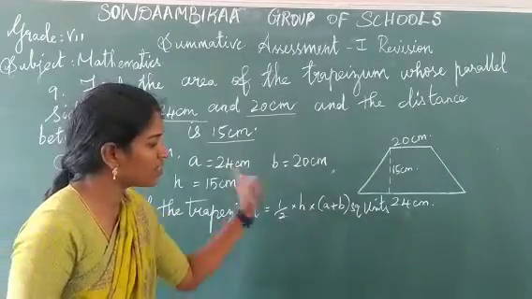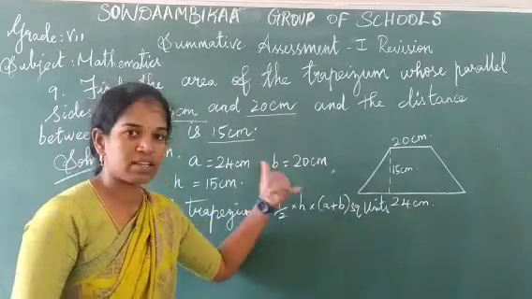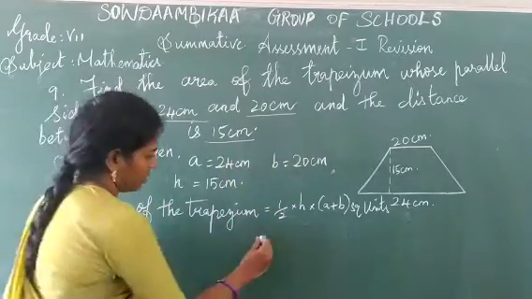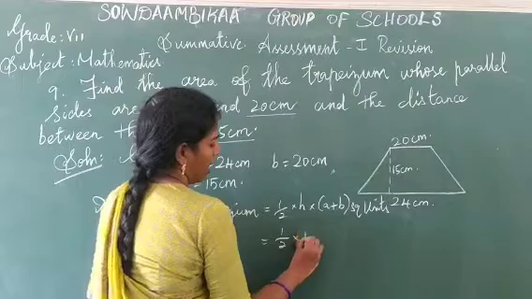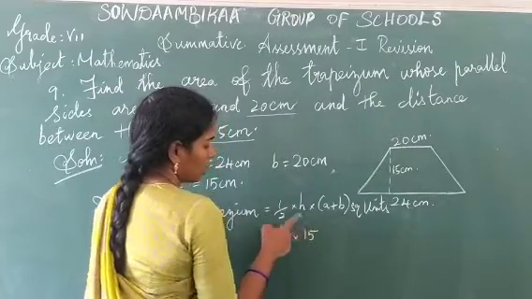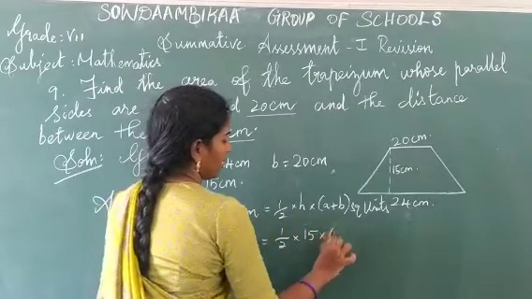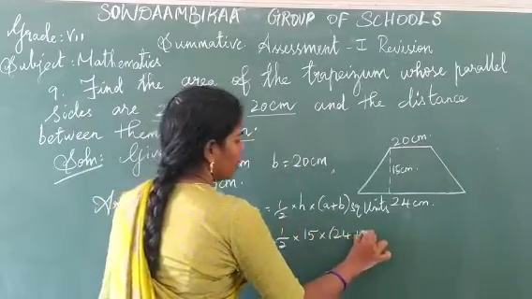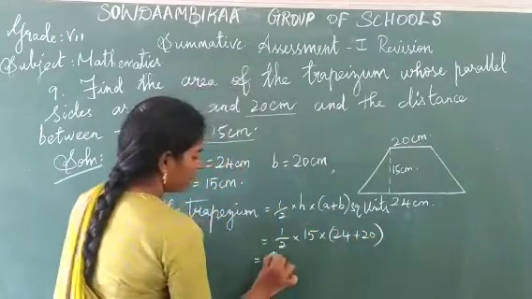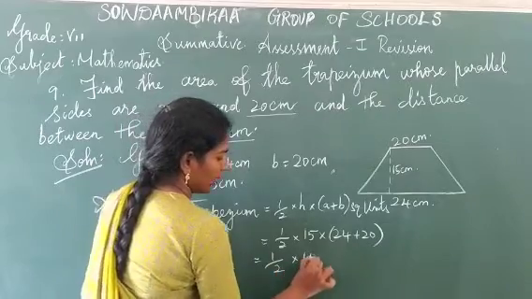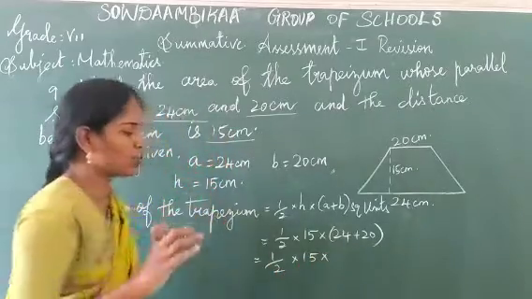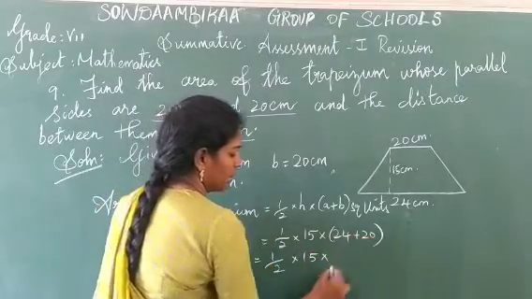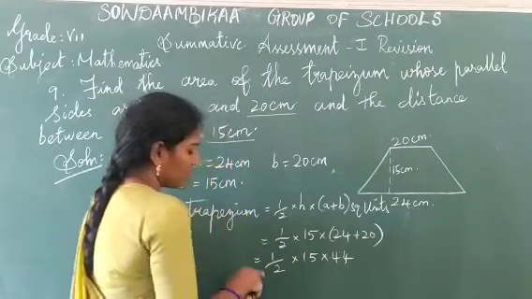Height value is given and parallel sides values are given. Then we have to substitute the values here. Listen, half into 15, corresponding height value 15, and A value 24, B value 20. Half into 15 into, first we have to do the addition in the bracket. 24 plus 20 comes 44.